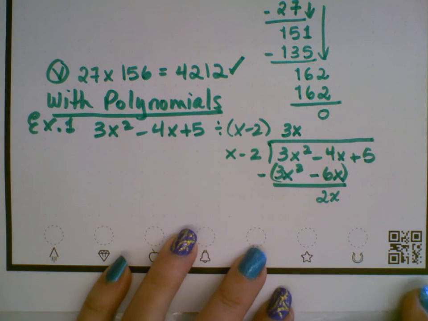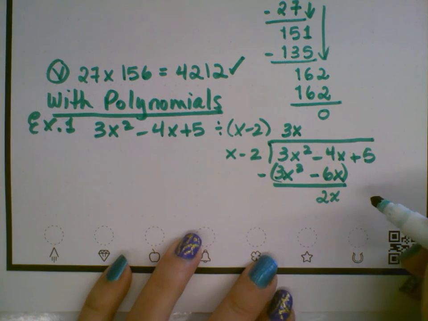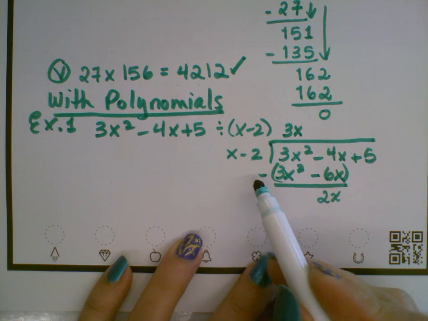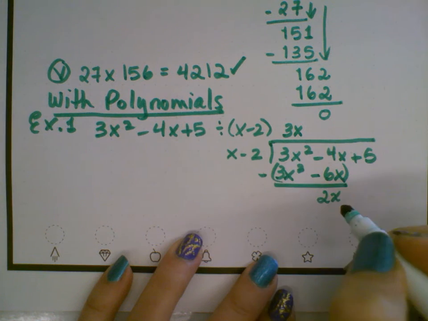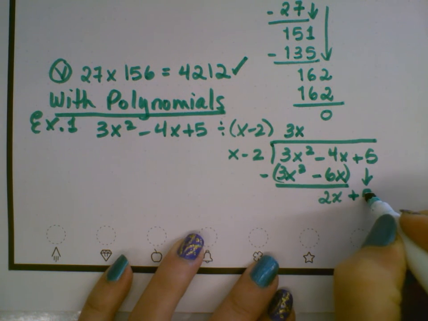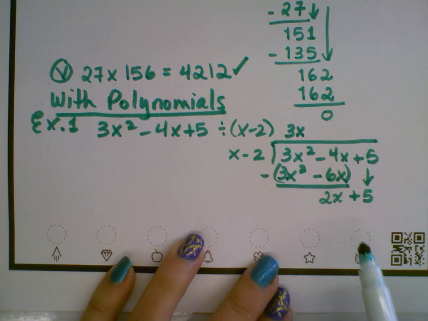If you don't remember about addition and subtraction of integers, you may want to check that out in another video. So negative 4 subtract negative 6, which is the same as plus 6, lands me at plus 2x. And then I'm going to bring down this 5. That part of this process is the same as we did above with the straight digits.